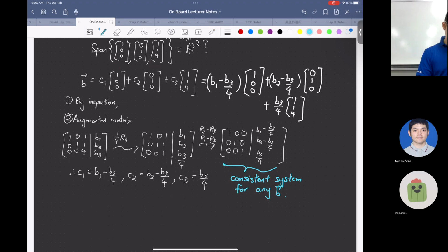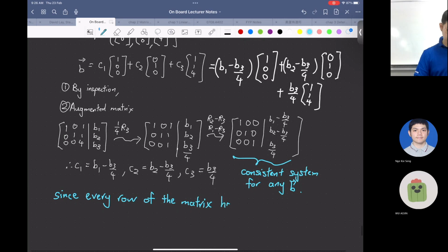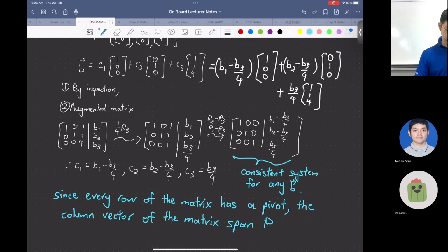Okay, let me write down. Since every row of the matrix has a pivot, then the column vectors of the matrix span R3.